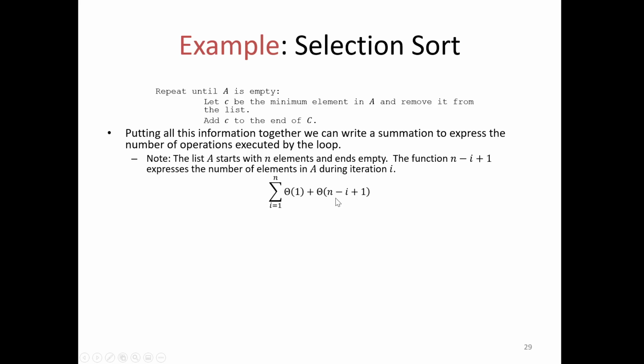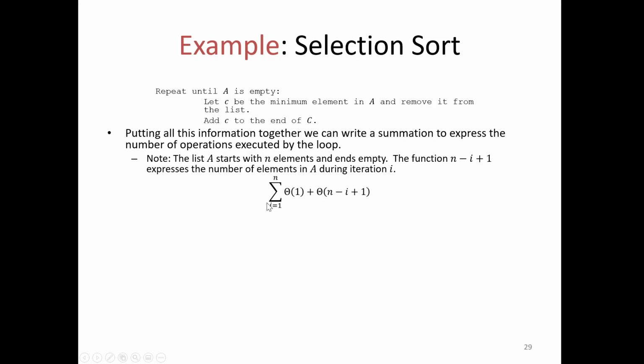And we might wonder to ourselves, why does this not just say theta of n? And the reason for this is we need to remind ourselves that while the list begins full at size n, as we remove elements from it every iteration, it gets smaller and smaller. That means the cost of finding the minimum element and removing it actually also gets smaller and smaller as we go. So in order to capture that, we need to have a function here that also gets smaller and smaller over each iteration.